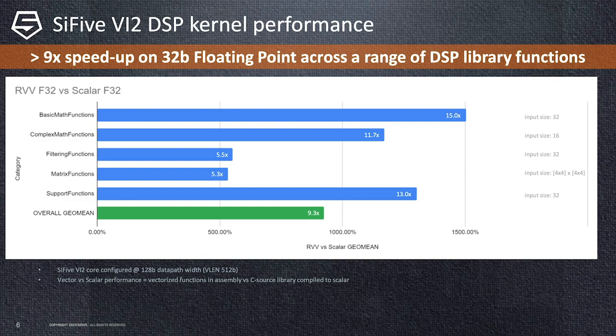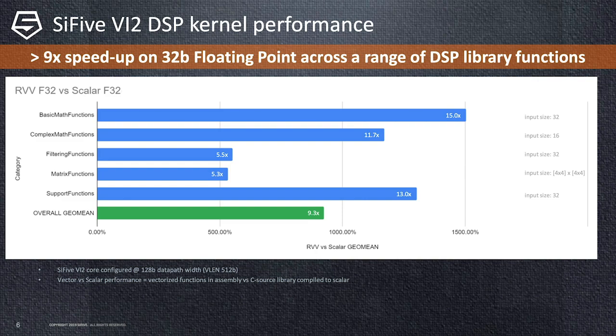The net of it is all of this is being measured on 32-bit floating point data types, and we see greater than a 9x speed up across the suite of DSP functions there.